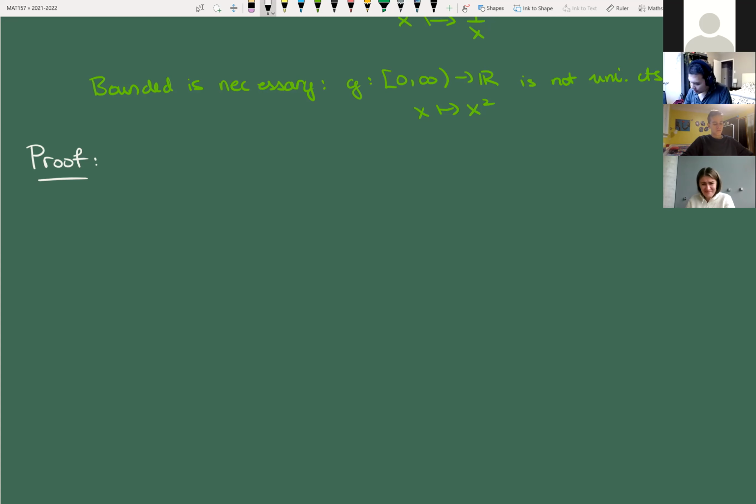So, all right, here's what we're going to do. We're going to define the following function or a set. So fix some epsilon greater than 0. Okay, and we're going to define the following set, C sub epsilon.